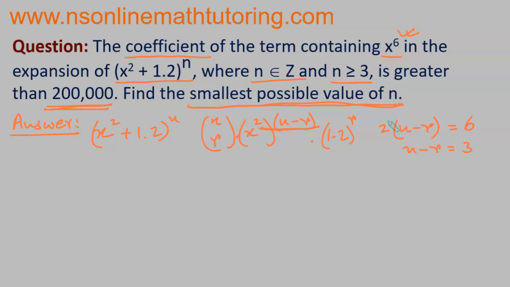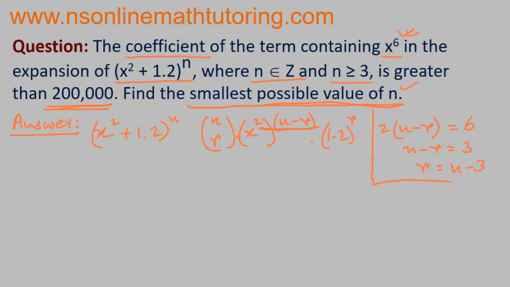Okay. And we are having two unknowns, and we do not need the value of r. They are asking us to get the value of n. R will be changing from term to term. Okay. So, let us find the value of r in terms of n. So, it is r is equal to n minus 3. Okay.